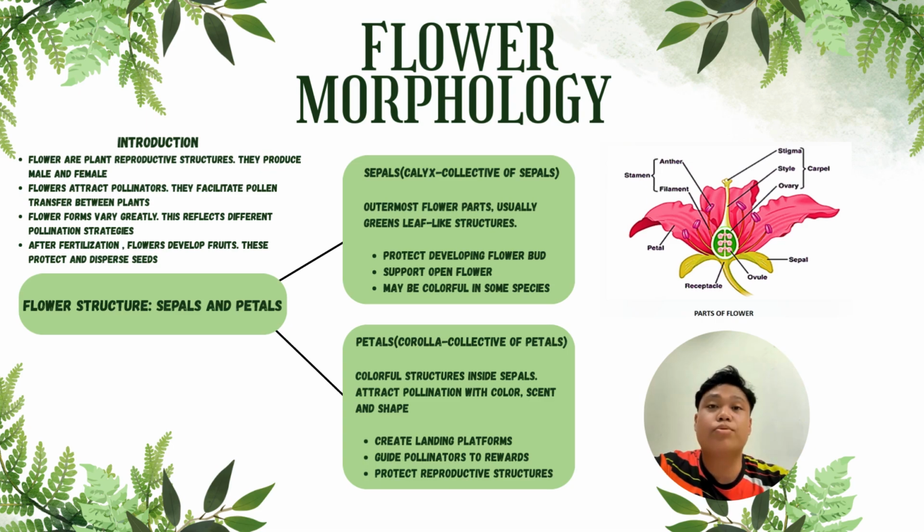Sepals help to protect the developing flower bud. Second, they also help to support the open flower. Petals create landing platforms and guide pollinators to reward. So that's all from me.